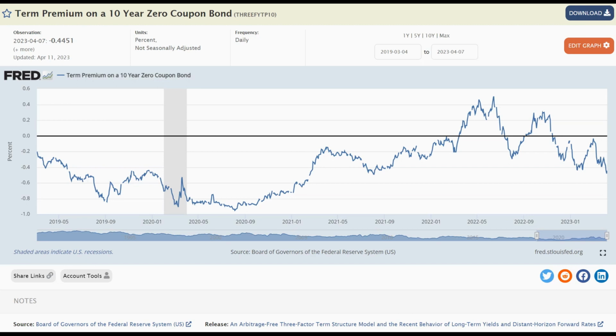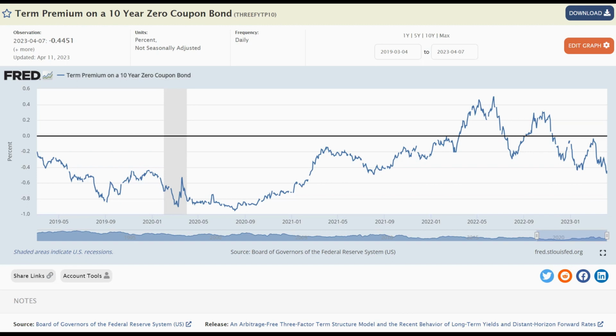So if term premium is falling, the certainty that you feel or that you think is there as to where yields are going to be over the life of the bond, i.e., a 10-year bond, is greater.